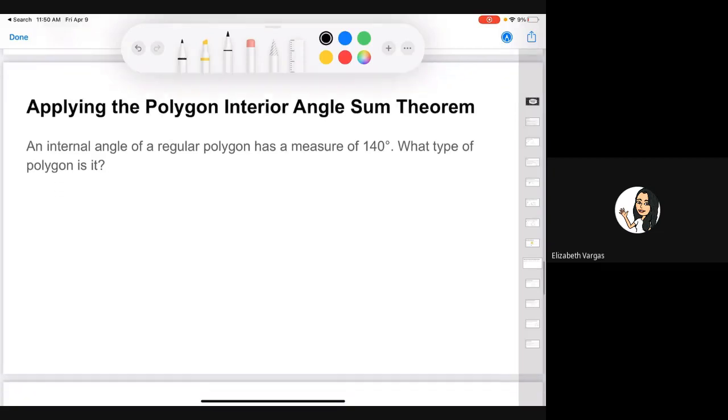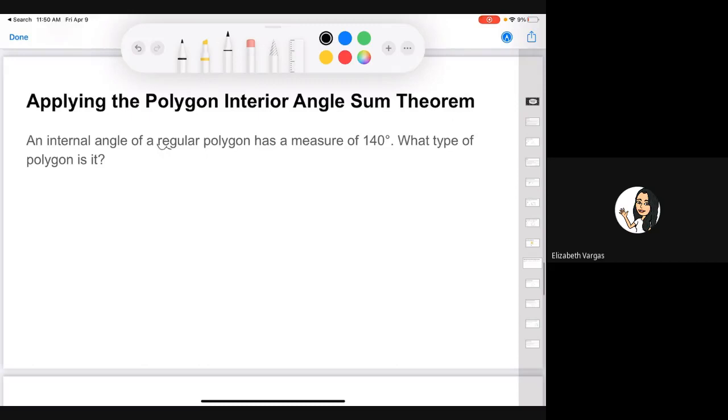So can I work backwards? What if I'm asked to identify, it says an internal angle of a regular polygon has a measure of 140 degrees. What type of polygon is it? So what if I'm told that I have a regular polygon whose angles measure 140 degrees. All the angles measure 140 degrees. Why? Because a regular polygon is equiangular.